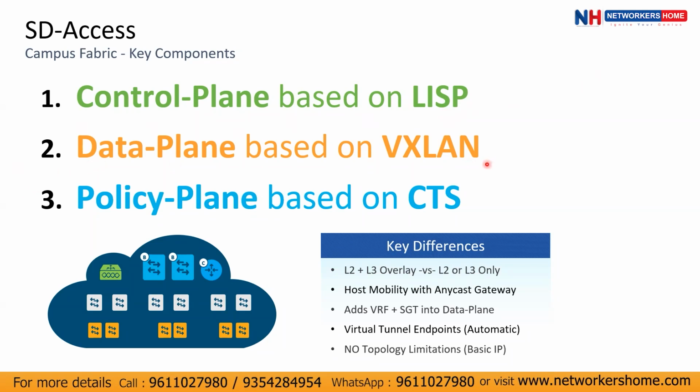For the data plane, we have discussed VXLAN and why VXLAN. The policy plane is really interesting. It is based on Cisco TrustSec. So Cisco TrustSec is the principal protocol used for the policy plane. And how we are actually enforcing and classifying a user is also very important to know.